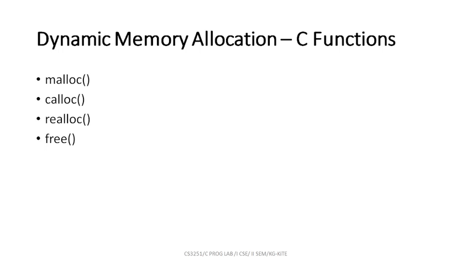The four functions available in the C library are malloc, that is memory allocation, calloc, which stands for contiguous allocation, the third is the realloc function, and the fourth is the free function.